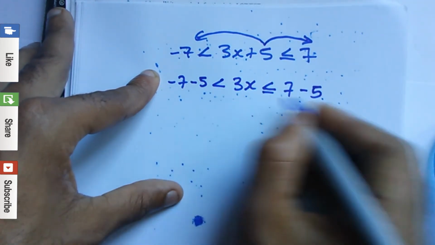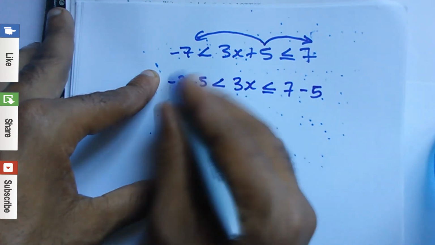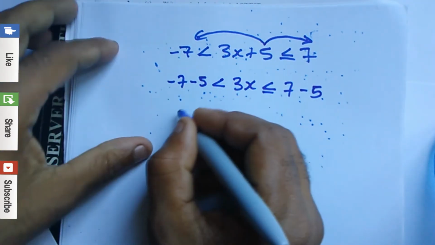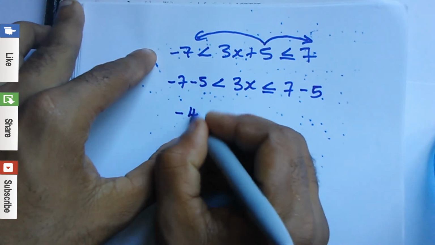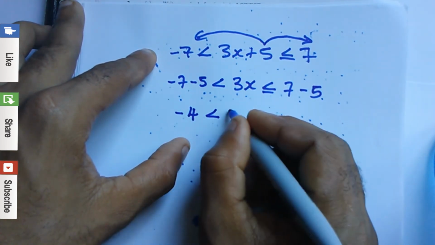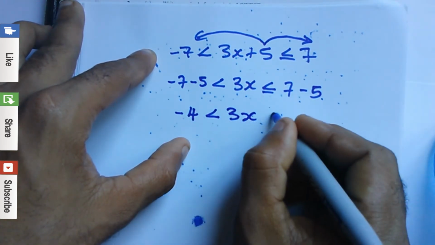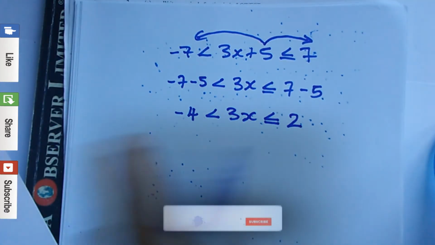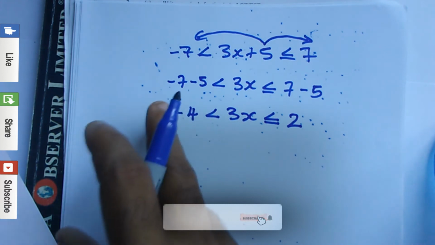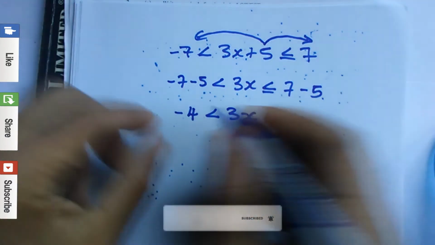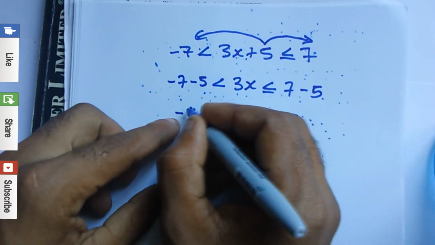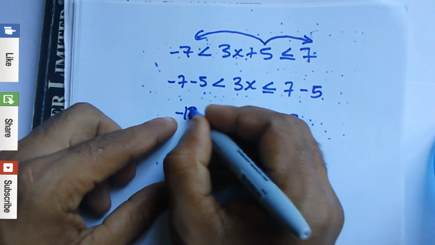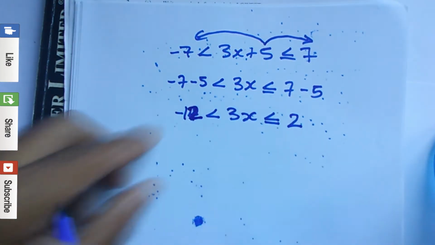Then I'm going to simplify. So this is minus 12. Minus 12 less than 3x less than or equal to 2, because 7 minus 5 is 2. Minus 7, why did I put minus 4 here? This should be minus 12.